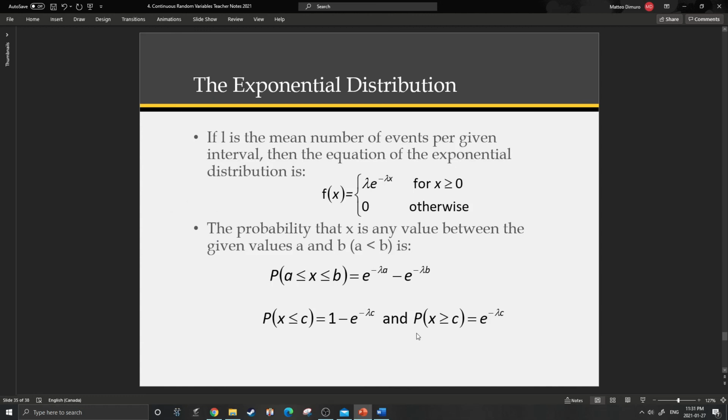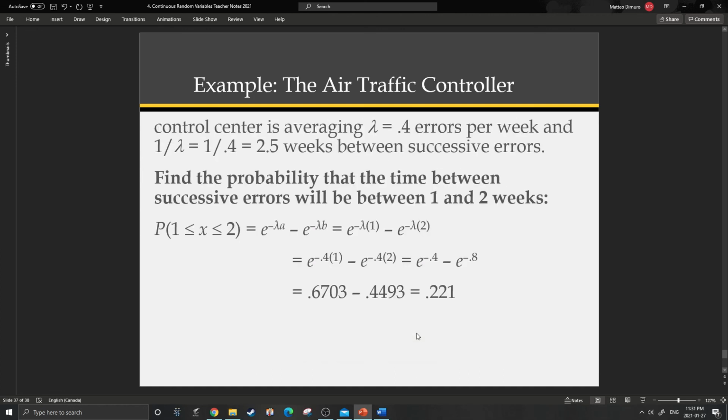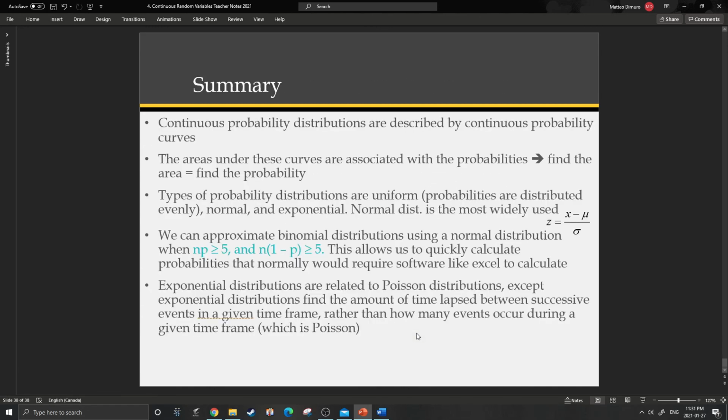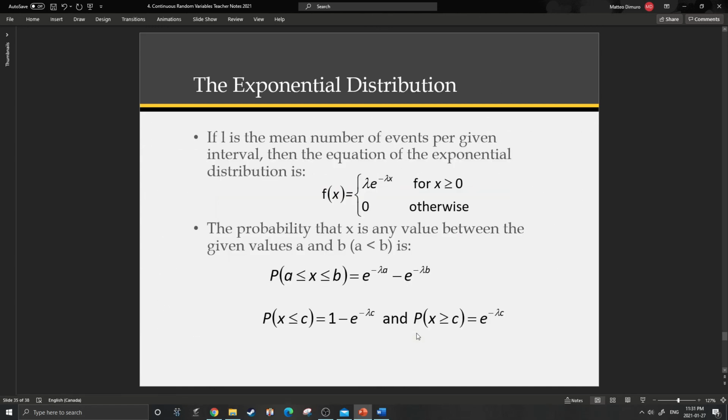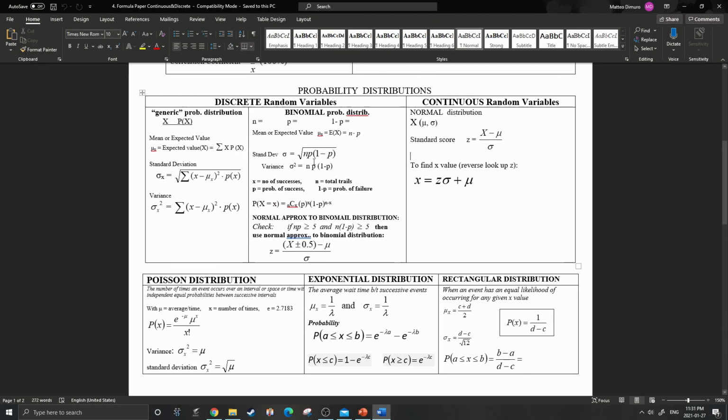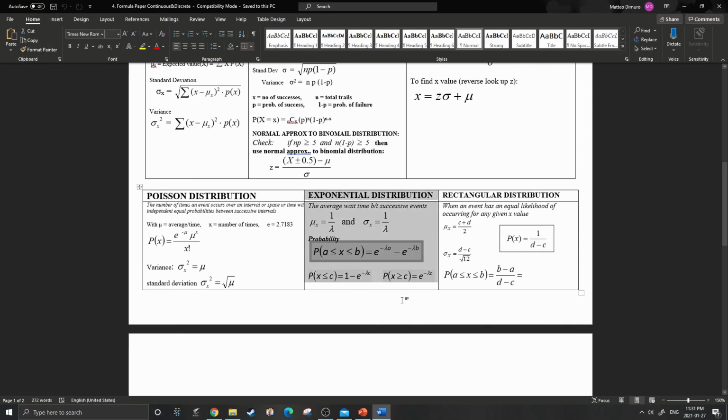So, at this point, for the rest of it, I'm going to say read through it on your own. I have a question that has all the numbers plugged in, okay? And it might show up on a lab or something like that. It is on your formula sheet right here, okay? Here's the Poisson distribution. Here's the rectangular distribution.